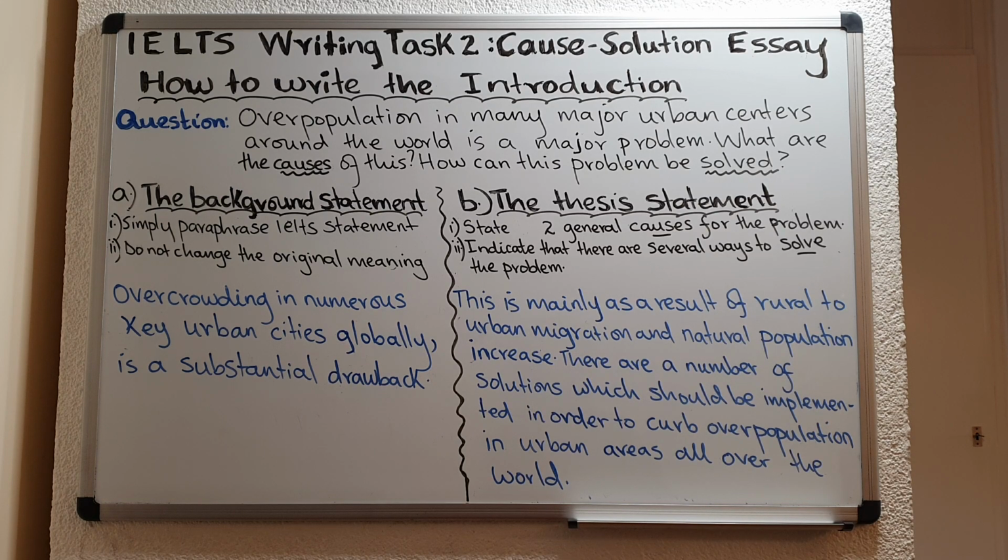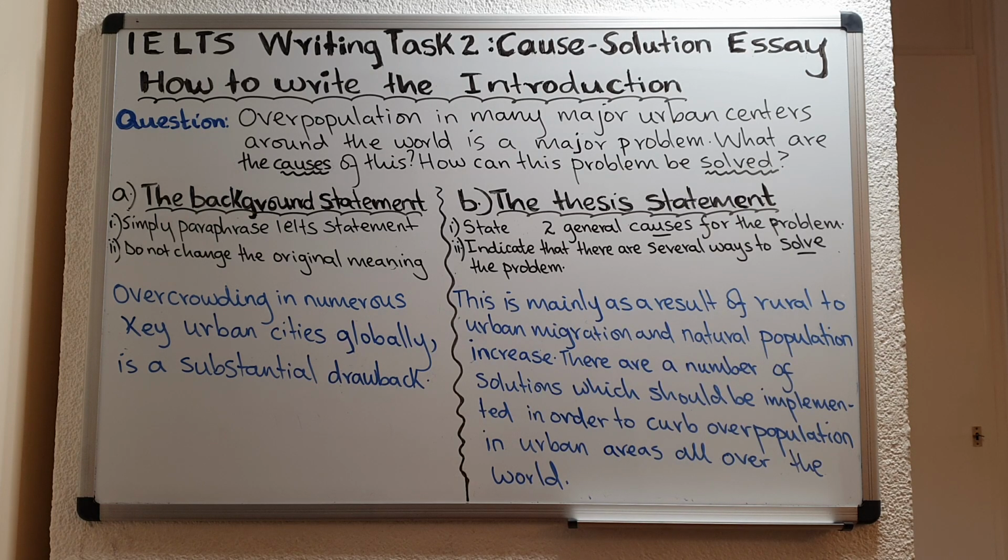The most important thing is to understand the question. Our question is, overpopulation in many major urban centers around the world is a major problem. What are the causes of this? How can this problem be solved? The first word is overpopulation.